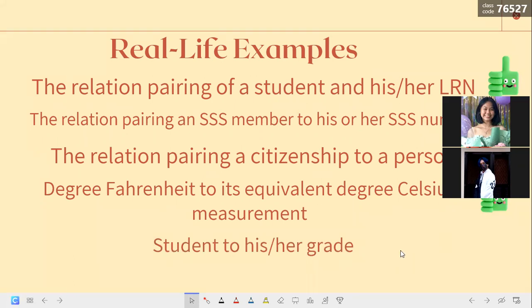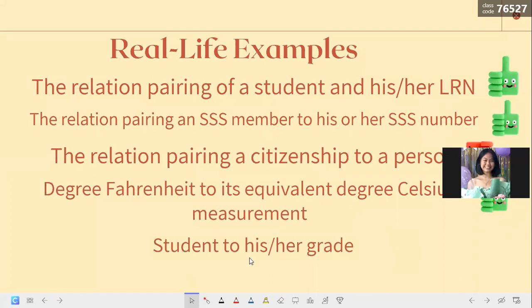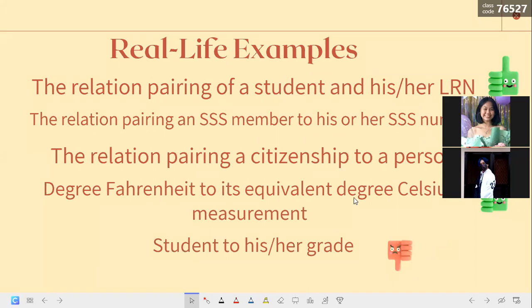Up or down? Yes, Wilson? What's your answer, Wilson? Thumbs down po. Okay, that's correct. Let's say, for example, sa 90 na grade, so there are a lot of students na may 90. So that's why it's not an example of a one-to-one.